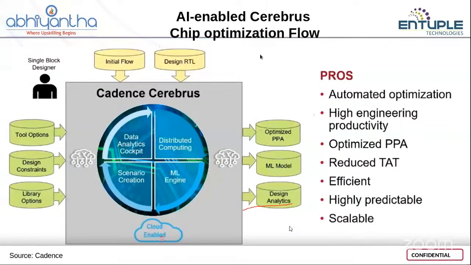So here is the AI enabled Cerebrus chip optimization flow, as we've already seen. Initially the design RTL will be there, along with tool options, that is which tools you need to use, and design constraints and library options. So what is the library you are going to use for the ML.